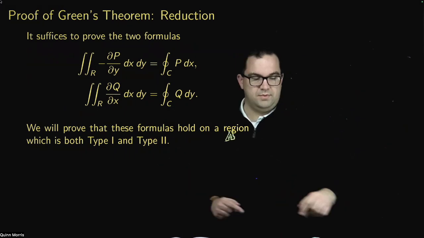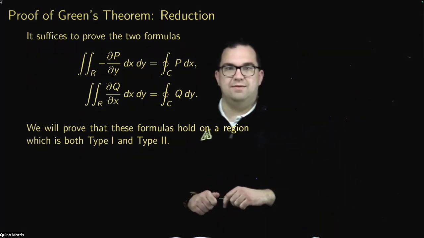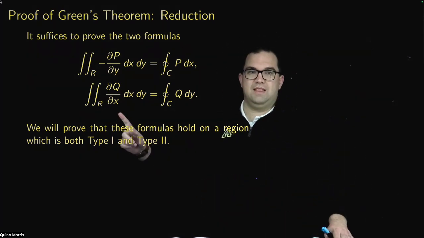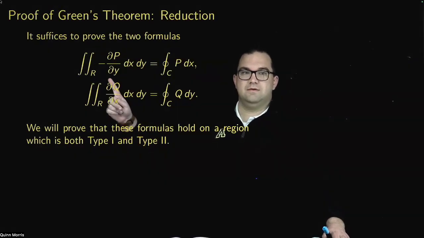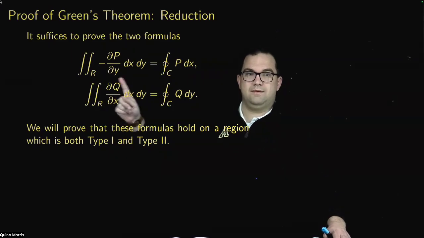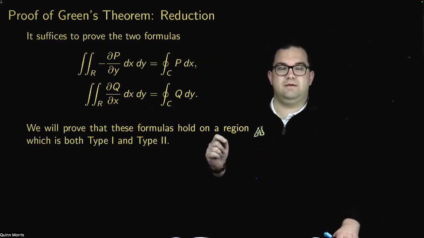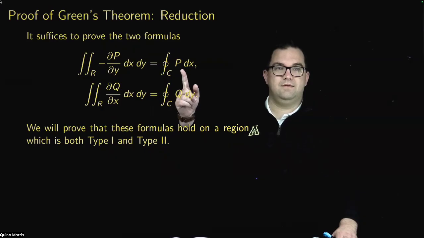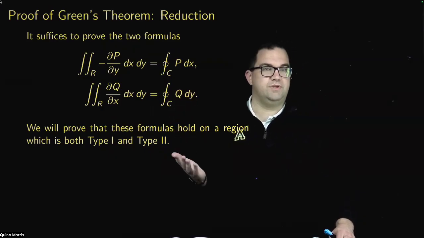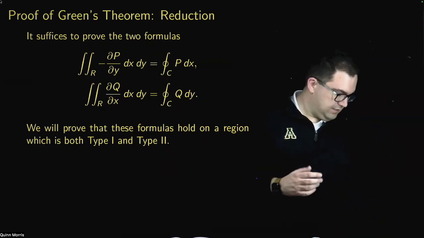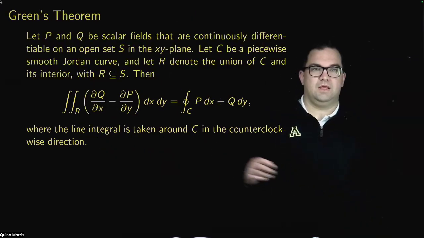If both of these formulas hold, then if I add them together, on the left-hand side I would get a double integral over R of dq dx minus dp dy, and on the right-hand side I would get a line integral of p dx plus q dy. So I would exactly recover this formula that we see here.